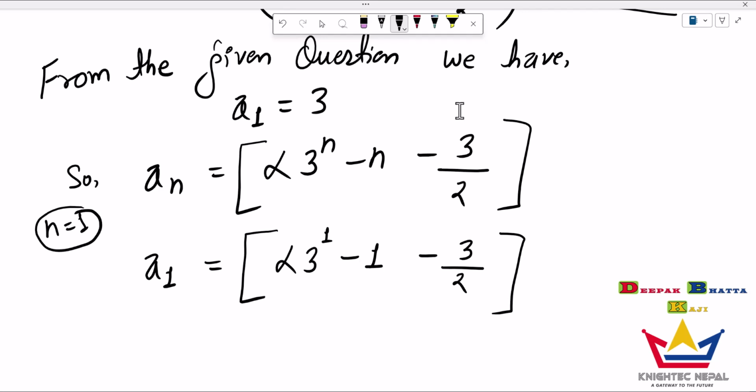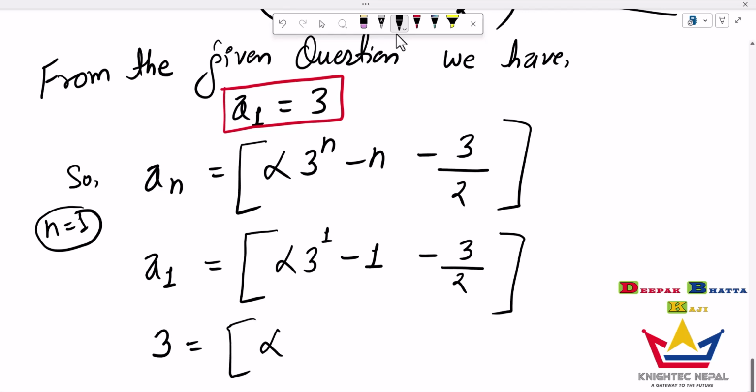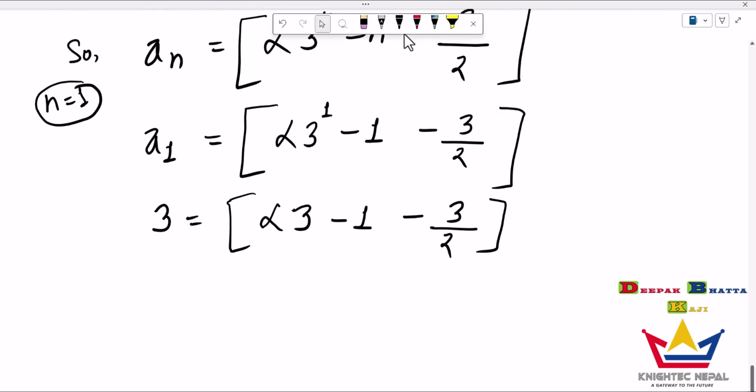So now the value of a1 equals 3. So write it here. So 3 equals alpha 3 raised power 1, that is 3, minus 1 minus 3 divided by 2, right? So you can put here dot, this is the multiplication, alpha 3.